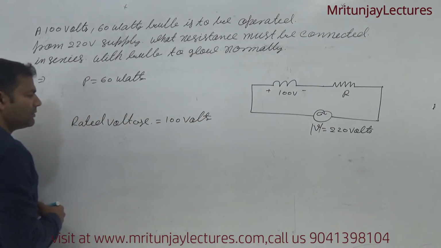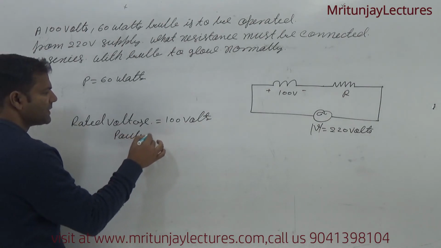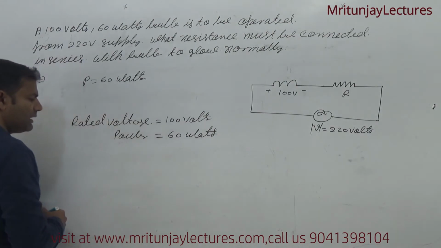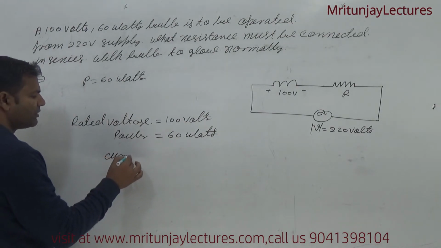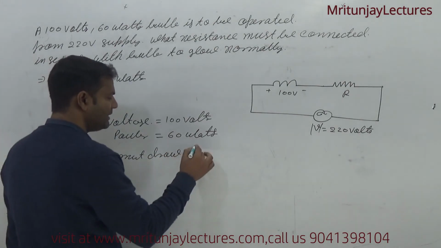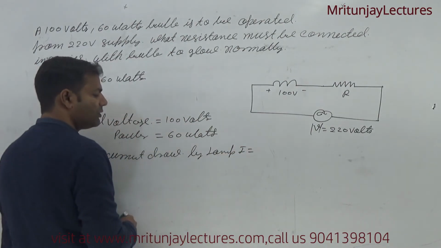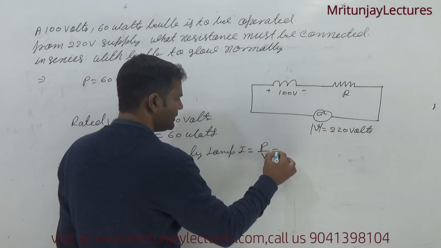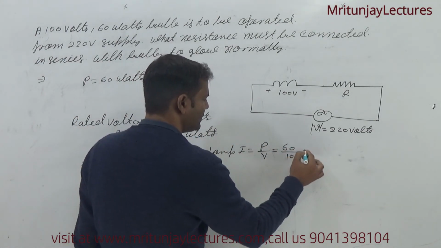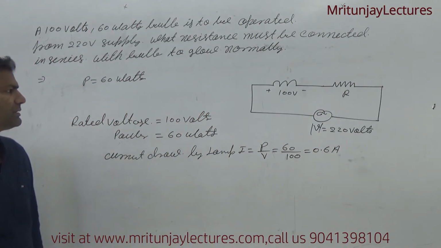And the rated power is 60 watt. So the rated current drawn by the lamp is I equals P by V, that is 60 divided by 100, so we get 0.6 ampere.